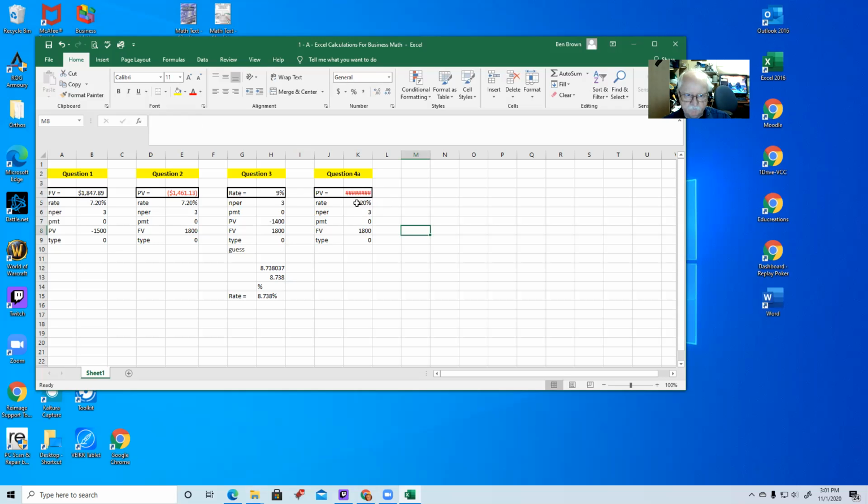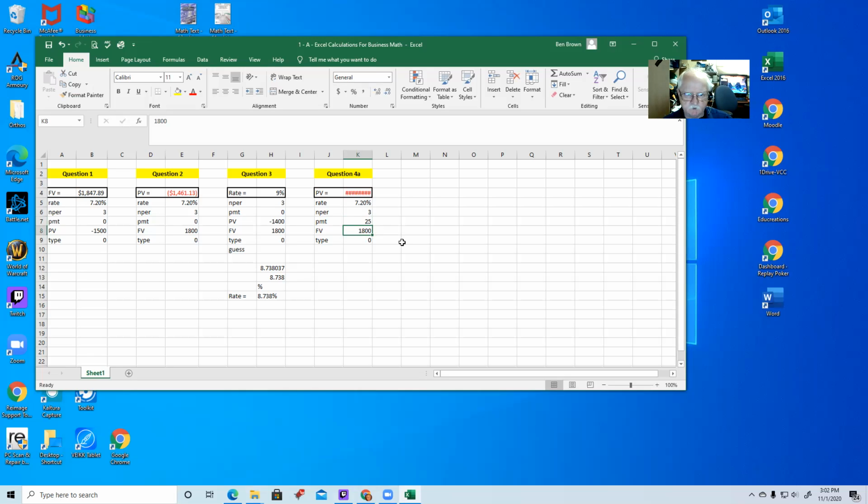The rate is amazingly enough 7.2%. The number of periods is 3. But we have a payment now. The payment is 25. What was the future value?